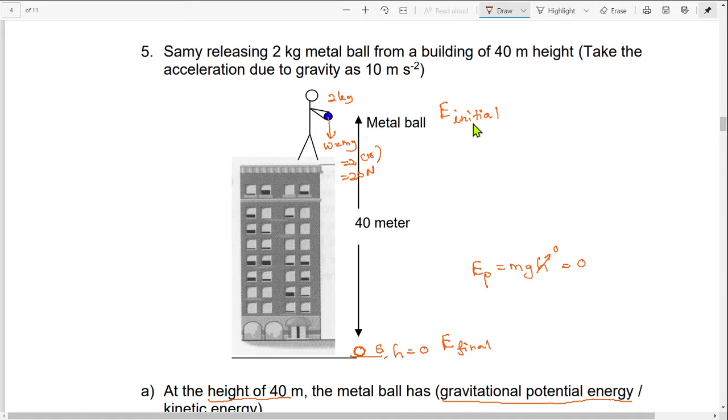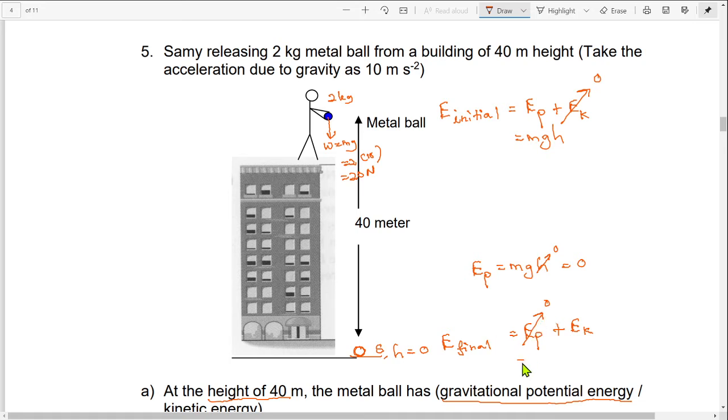So what initial energy do I have here? I have EP plus EK in this case, but my EK is 0 because the ball is yet to move. So I only have mgh, EP only. Down here I also have EP plus EK, but down here my EP is 0, because the height would be 0.